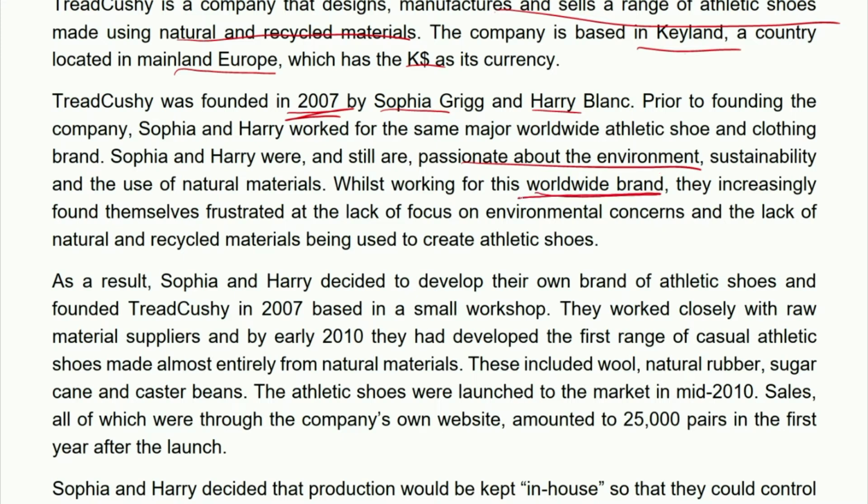So while they were working for one of the presumably big 4, they found themselves frustrated with a lack of focus on environmental concerns and the lack of natural and recycled materials being used. So it sounds like we've got an ethical footing for our business here, and you quite often find in the case study when we have this sort of ethical sustainability angle, particularly if it's something that they majorly trade on, if it's a big part of their marketing and so on, then we have to make absolutely sure that we maintain those ethical credentials.